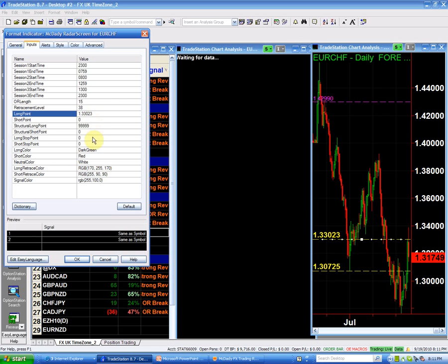My selling point is the 1.30725. It is also the structure, no, that's not a structure long, it is the 1.30725. This is the structure short. I have to identify the structure long.